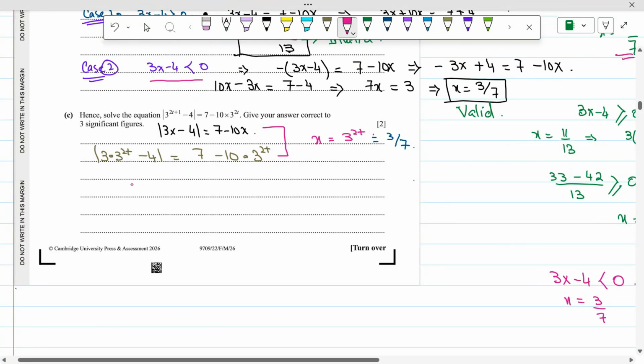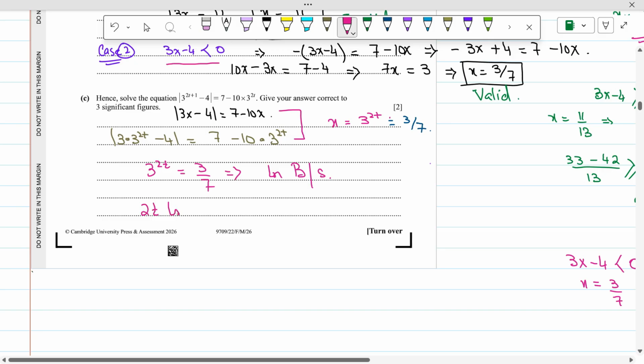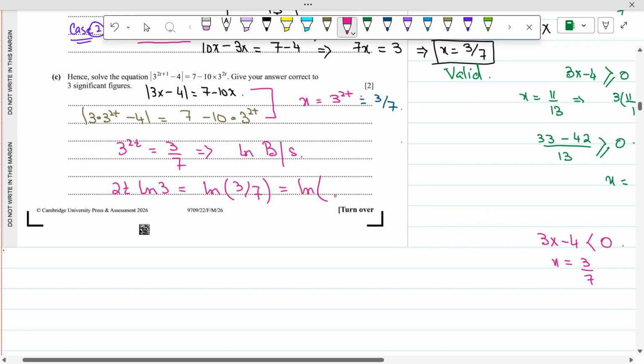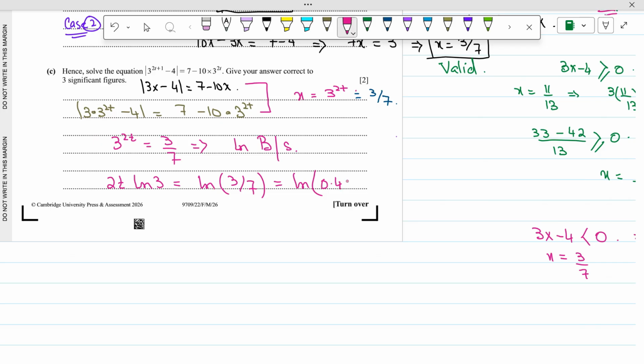So we can say that 3 to the power of 2t is equal to 3 over 7. Taking ln on both sides, we will have 2t ln of 3 is equal to ln of 3 over 7, which is equal to ln of 0.4285.